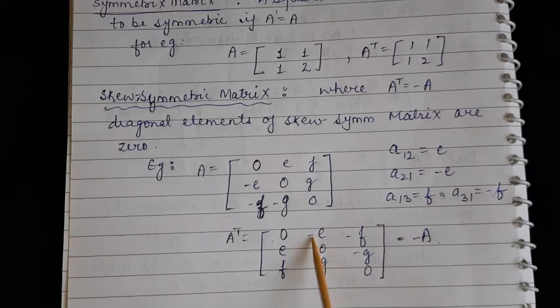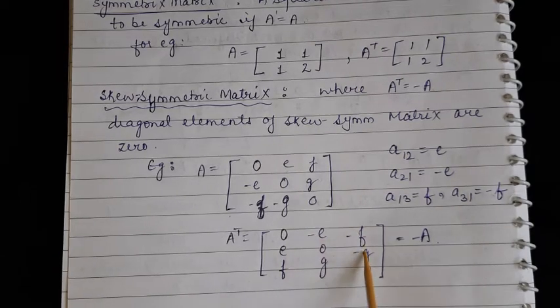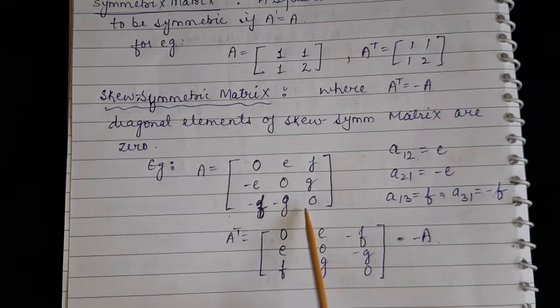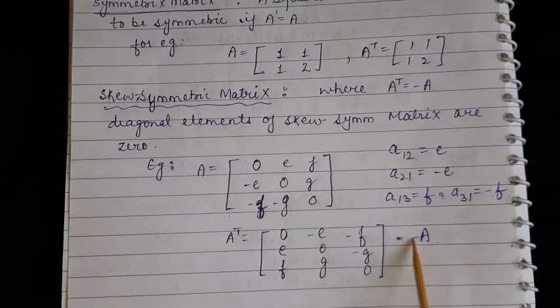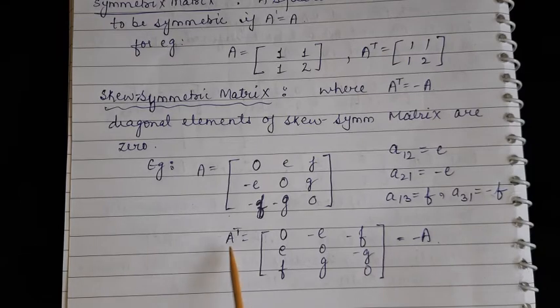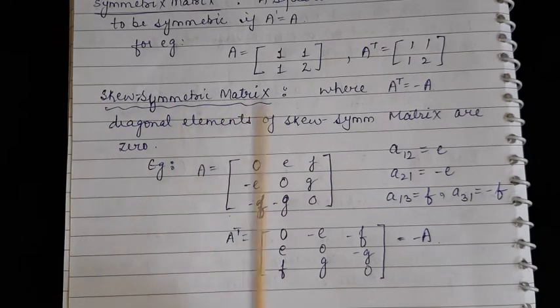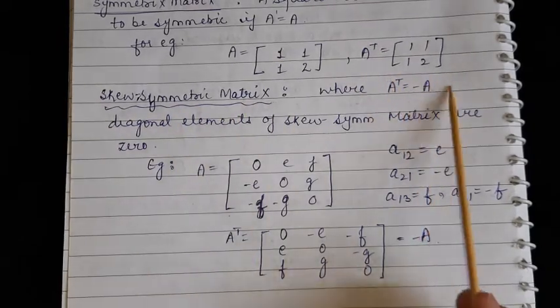Now if you take a negative common, then all these three elements will become positive and these three will become negative, and this is nothing but your A. So if you take negative common, you will get A again. So here we can say that A transpose is nothing but minus of A. So this is one example of a skew symmetric matrix which satisfies this condition.